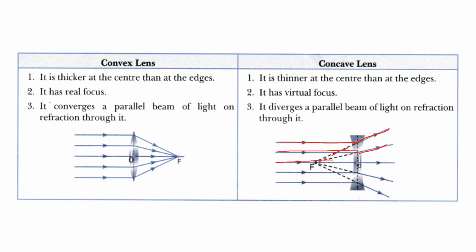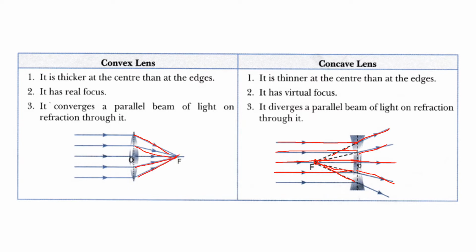Here also, this ray, the principal axis ray, will go straight. This ray again is getting diverged, but if I extend it backward, it appears to converge at a point. So we call concave lenses diverging lenses, whereas in convex lenses, you can see all rays are converging, meeting at one particular point.